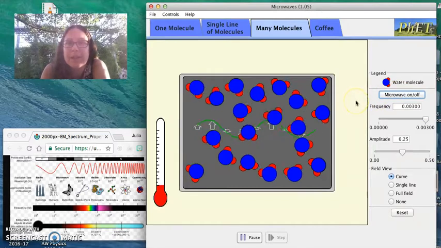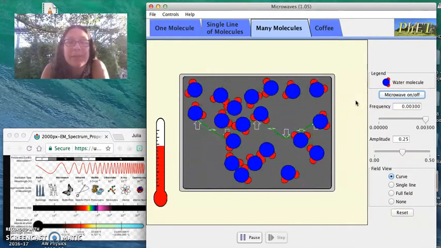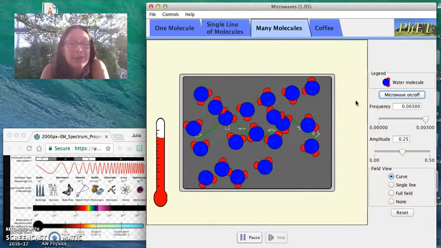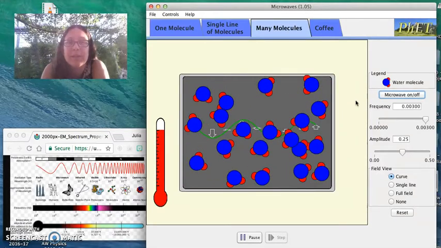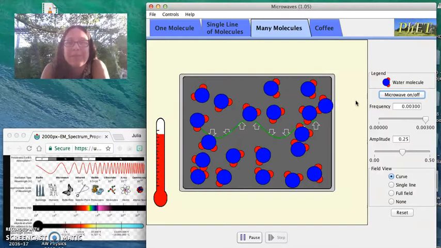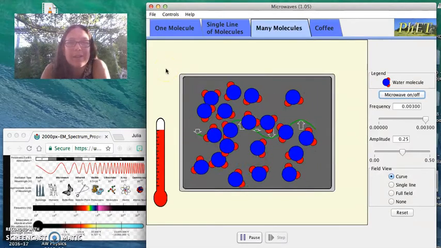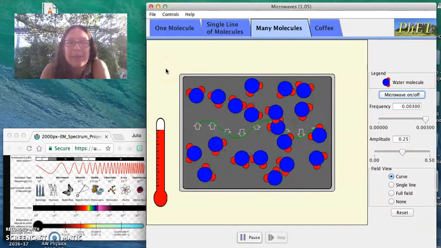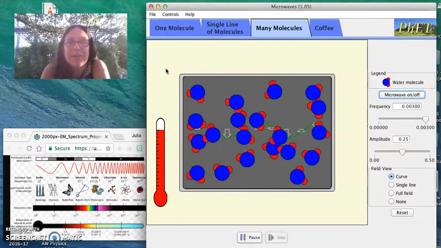So we can see that we're oscillating the electric field at a pretty reasonable frequency. In fact, this frequency is very similar to the size of the water molecules, which is actually important. And it's pausing a little bit, meaning that there's a lot of calculations going on, because these are real-life, real-time calculation simulations. It's not just a video.